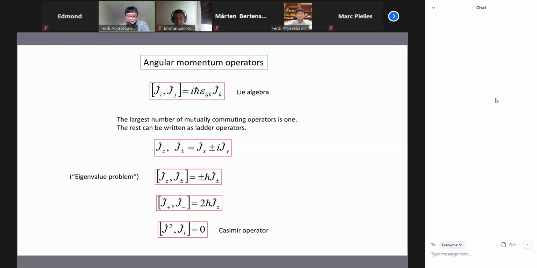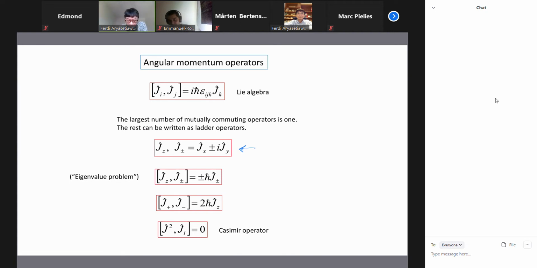In the case of angular momentum, the largest number of mutually commuting operators is 1, because if you take any two of these operators, they do not commute. So there is only one, and that we choose to be Jz, the z component. And then the rest, Jx and Jy, can indeed be written as ladder operators, J plus minus, which is just Jx plus minus i Jy.